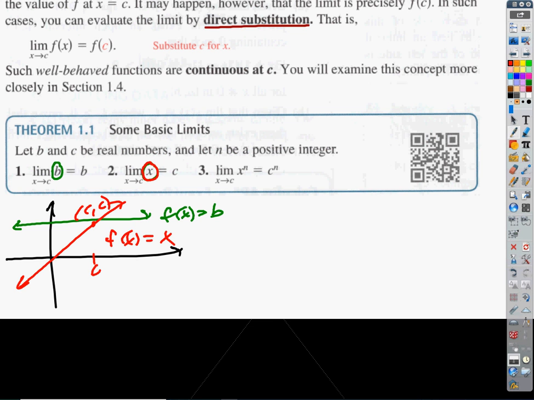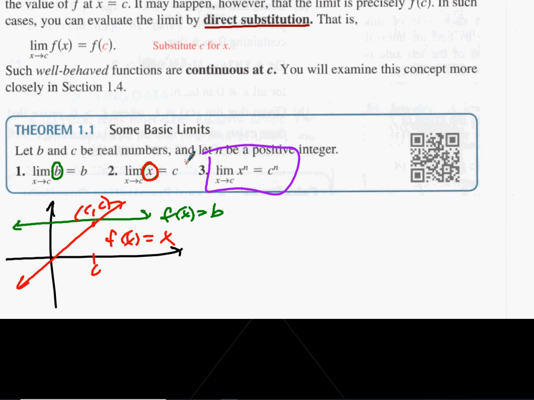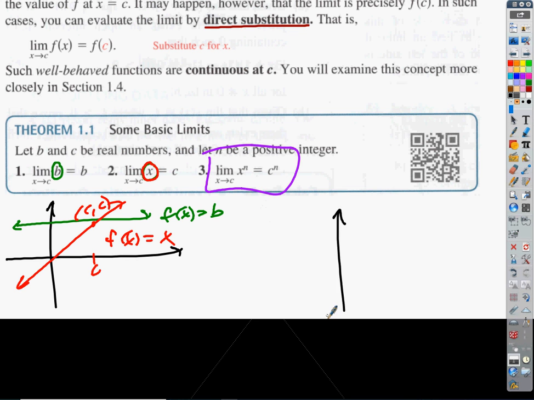I'm not going to go into a proof of this one, but we could do the same thing with a power of x. And here's another way we could describe this. The function x to the n is going to be well behaved. If it's an even power of x, it's going to have even symmetry, and it's going to look something like this. If it's a parabola, it looks like that.